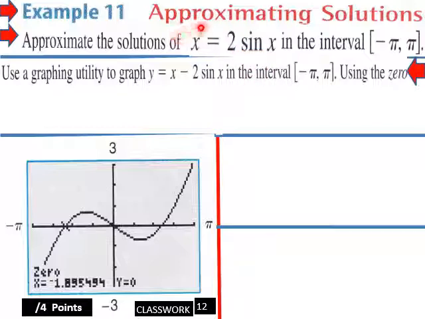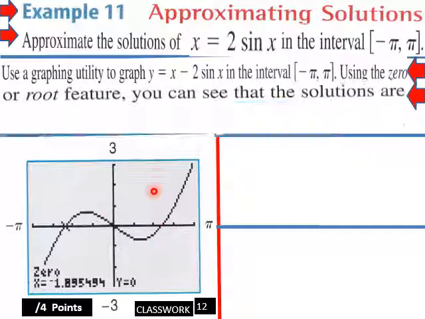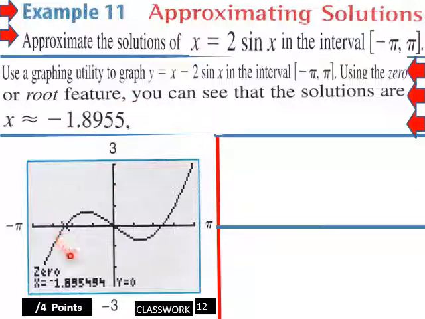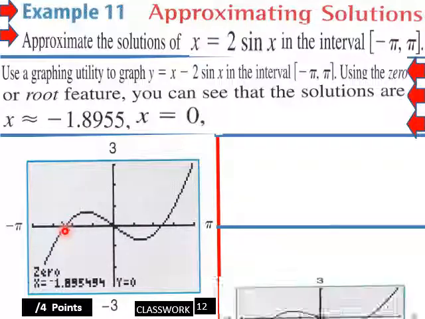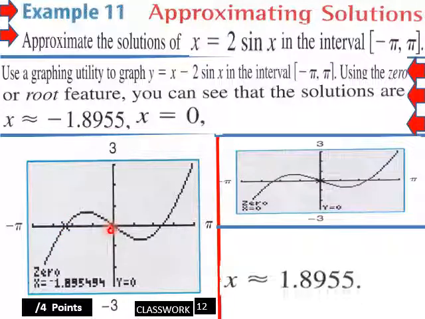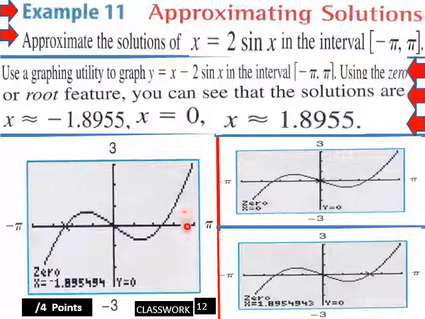So we move this one over here. And then when we graph that, we have this situation here. Here's a 0 here. And then it goes through the origin and then over here. Using the root feature, you can see that the solutions are x equals negative 1.8955, or x equals 0, and then x would equal 1.8955.